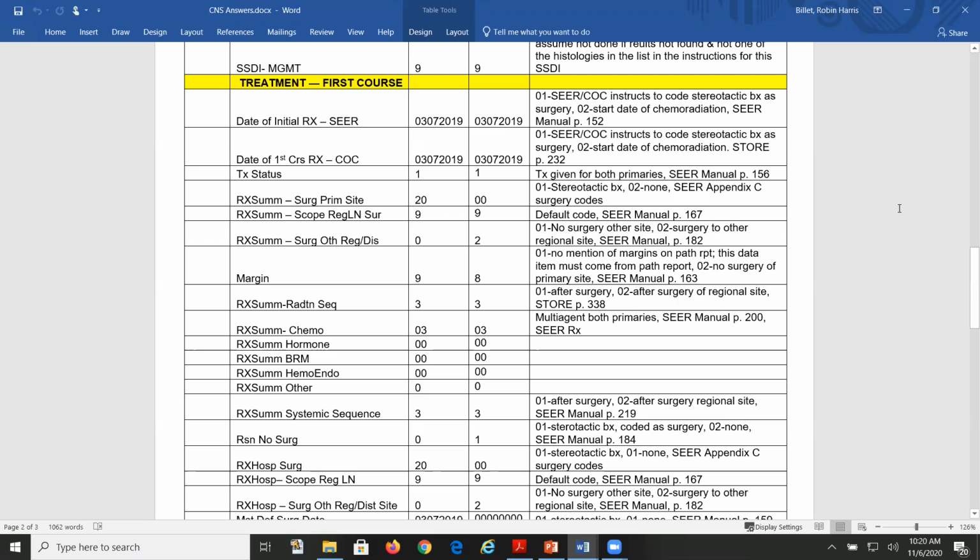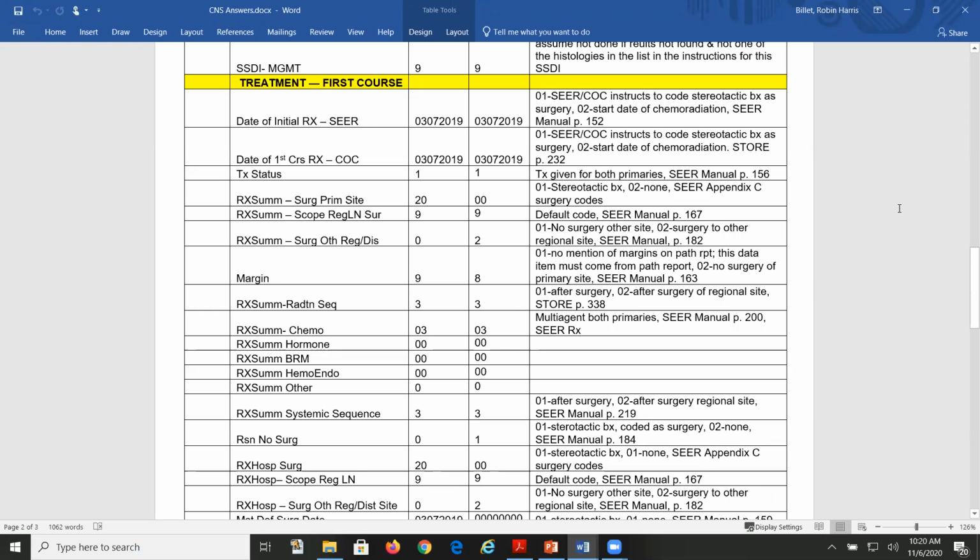Well, the instructions in SEER tell us to code the date of surgery as the date surgery was done to the primary site, a regional node, or an other site such as a regional site or metastatic site or metastatic lymph node.